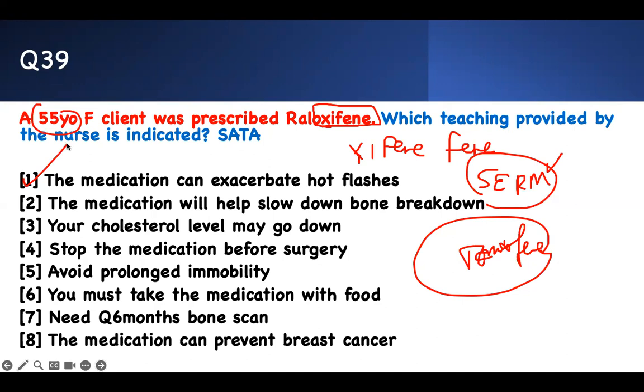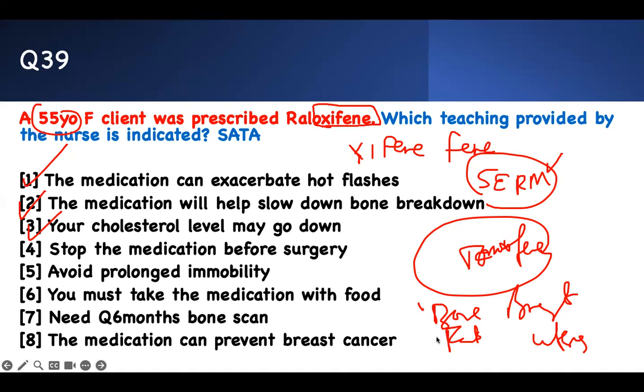The medication will help slow down bone breakdown, so older patients we give it to. It's different from alendronate, that's a bisphosphonate. This is an estrogen component, but it also helps with osteoporosis and bone breakdown. It can also help with your cholesterol. So it affects the bone, the fat, the breast, the uterus.